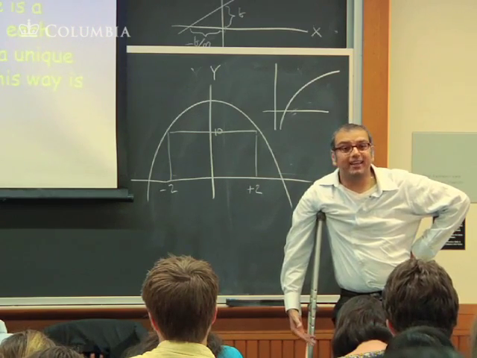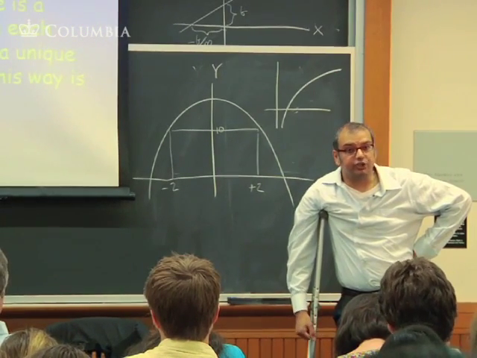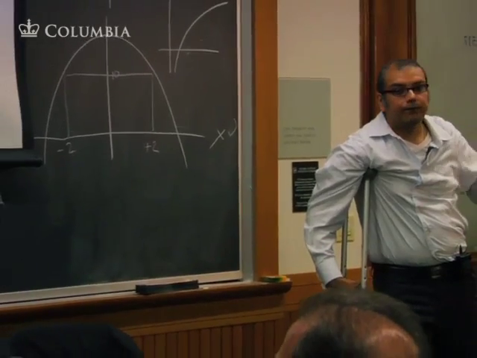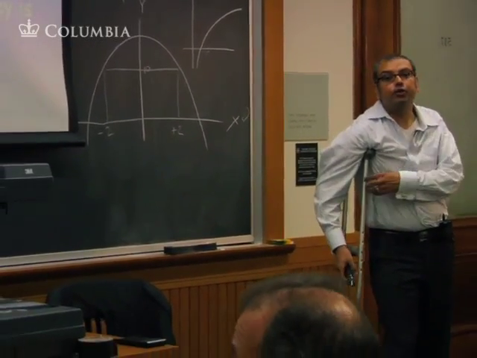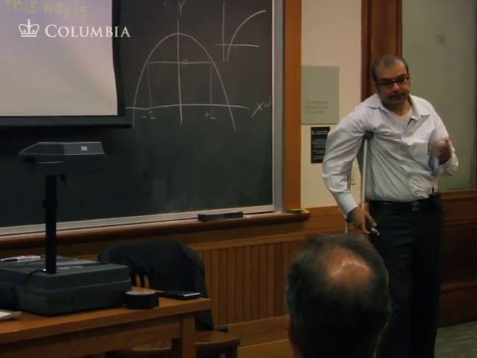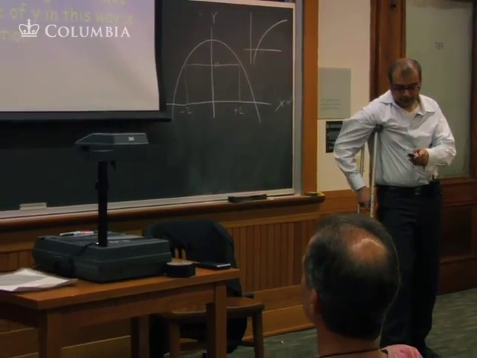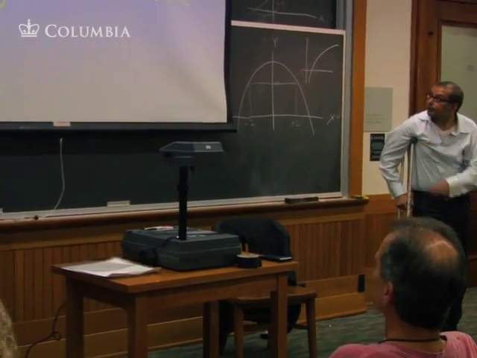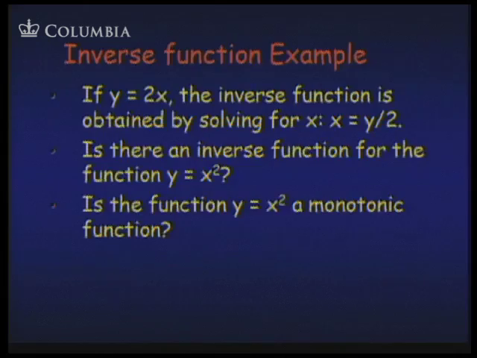What's the rule that reverses that function? Yeah, x over 2, right? Half x. Okay? So if y is equal to 2x, then x is equal to y over 2. So I just switched the notation so as to keep it simple, so as to keep x and y in the same domains, but you could certainly say x over 2 also.